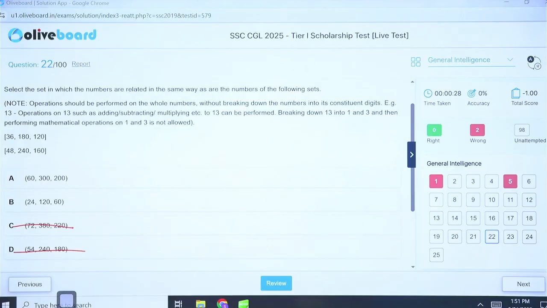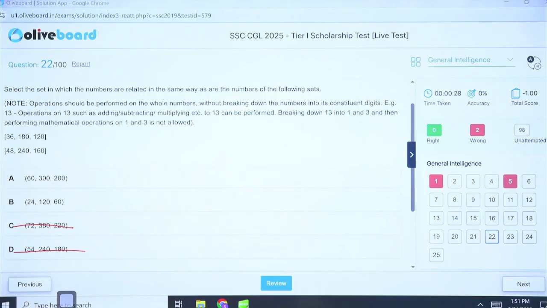And what about the other logics? Just check. 48 into 10 by 3 into 3 by 10 into 3 by 10.